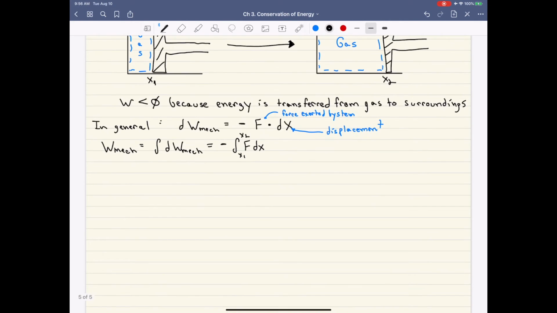And so the reason that nothing is happening is because in state 1, the force exerted by the gas, which I'll call F gas, is equally balanced out by the force exerted by the atmosphere outside of the system. Right? And so I'm going to call that F atmosphere. And so F gas and F atmosphere are balanced. So the piston is not moving.